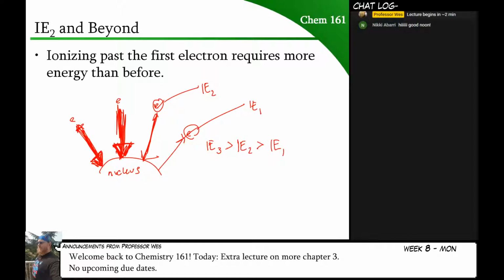Now, you can actually make some sort of prediction as to how much higher it will be to some extent, because if I have 4 protons and 4 electrons and I pull off the first one, now I have 4 protons pulling on 3 electrons, so it's going to be like 4/3 as strong. And then the next one will be twice as strong because there's 4 protons pulling over 2 electrons.